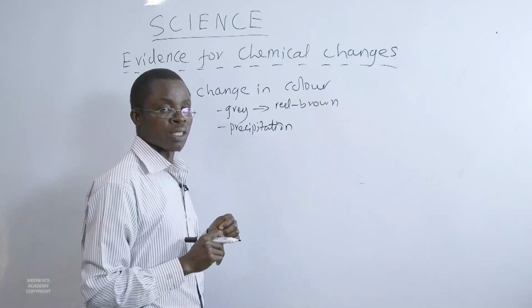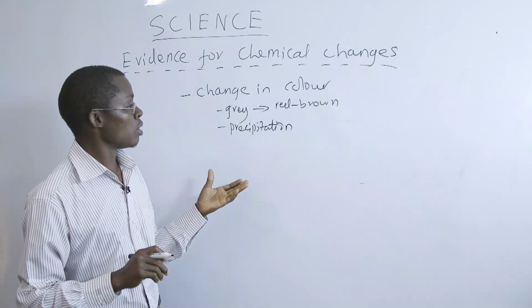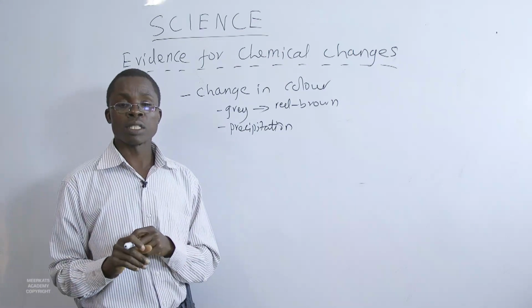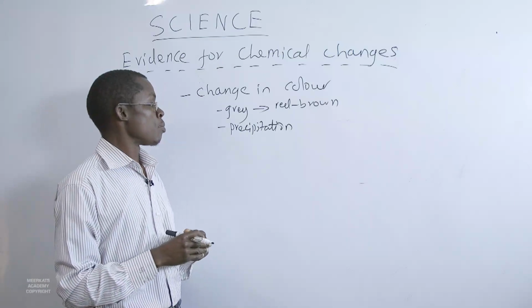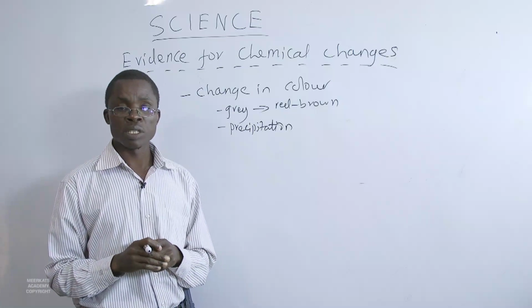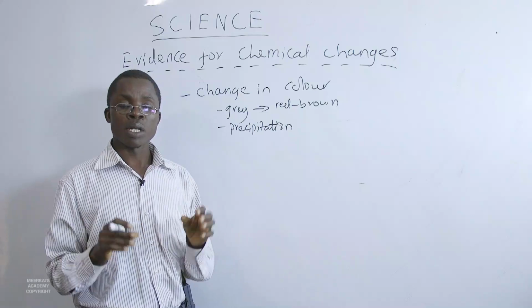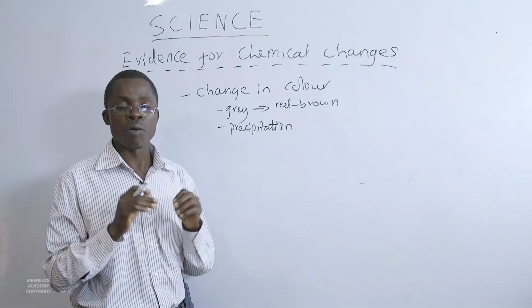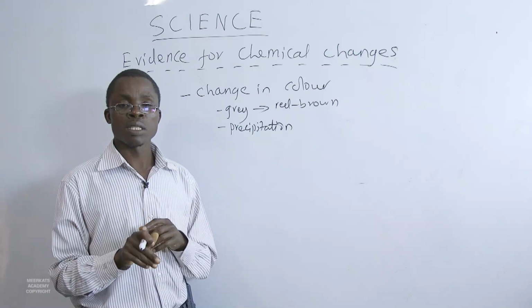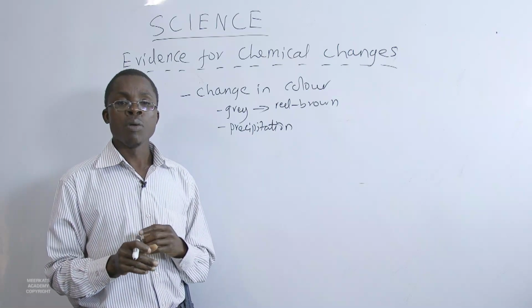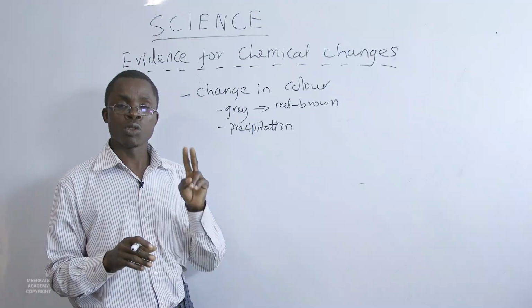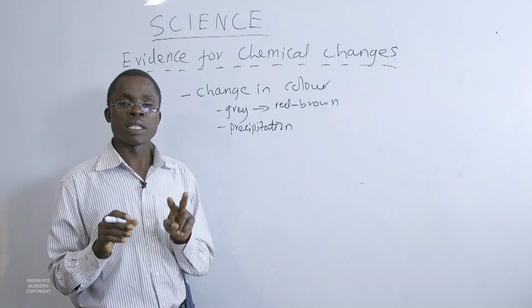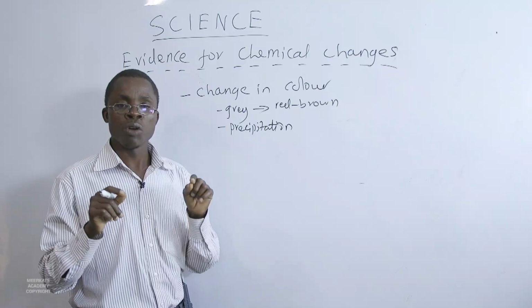We need first of all to understand what precipitation is before we proceed. In precipitation reactions, a precipitate is a substance that is in solid form, but is formed from two reagents that are in solution form.